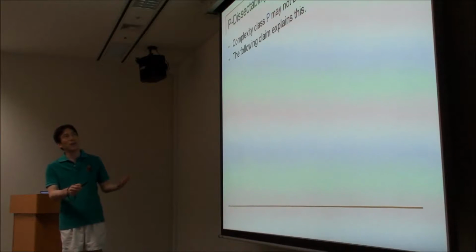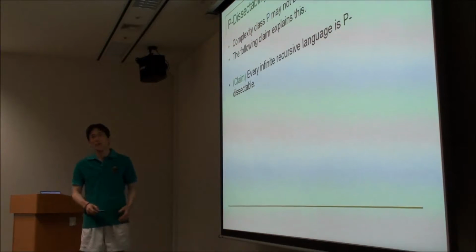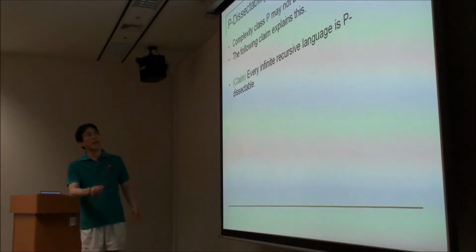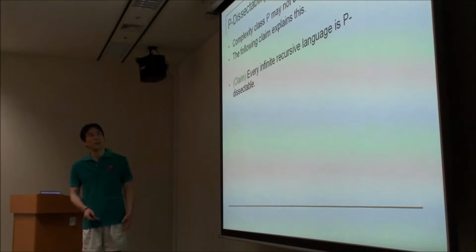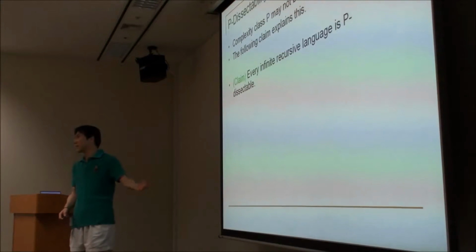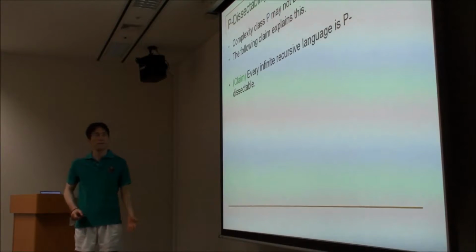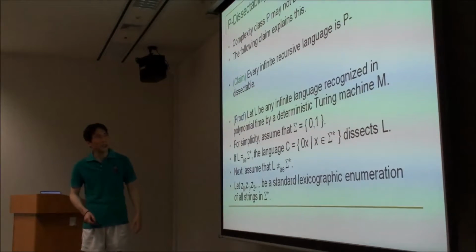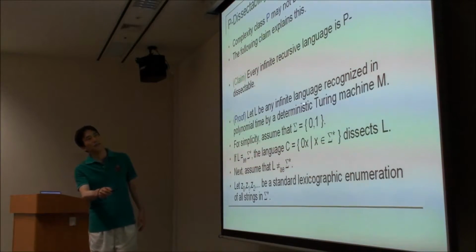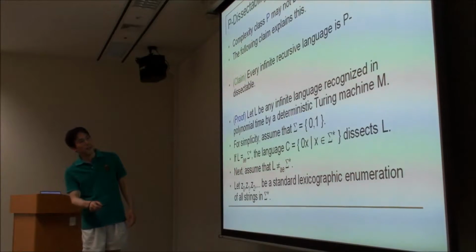But why is P not so interesting? Because we can easily prove that every infinite recursive, or computable, language is P-dissectable. P is too powerful. The proof goes like this. Suppose L is an infinite recursive language, and consider two different cases.